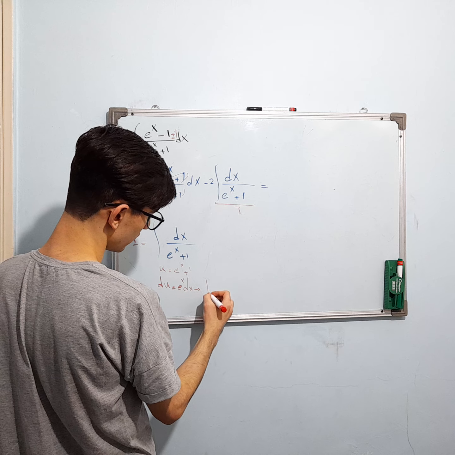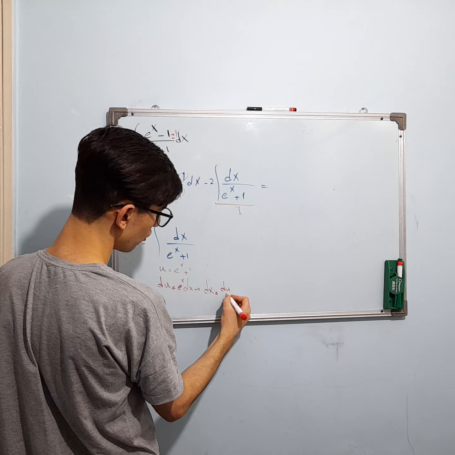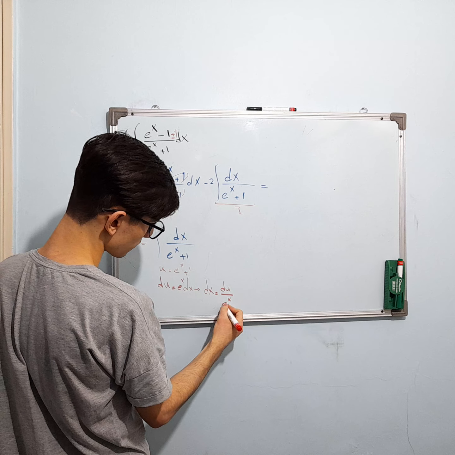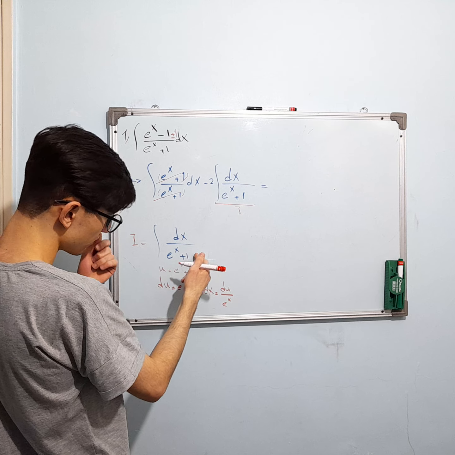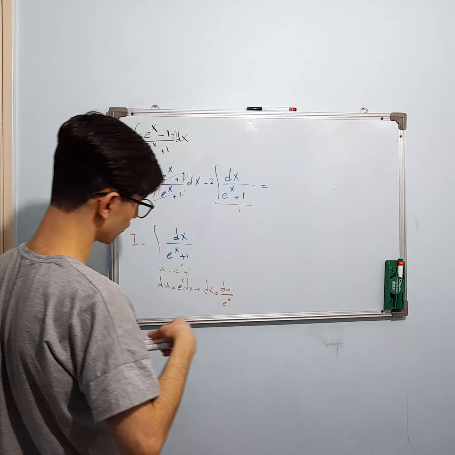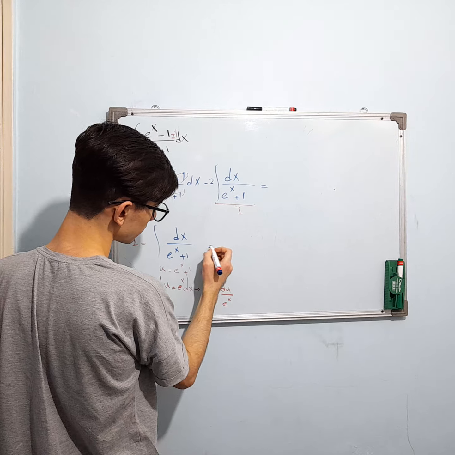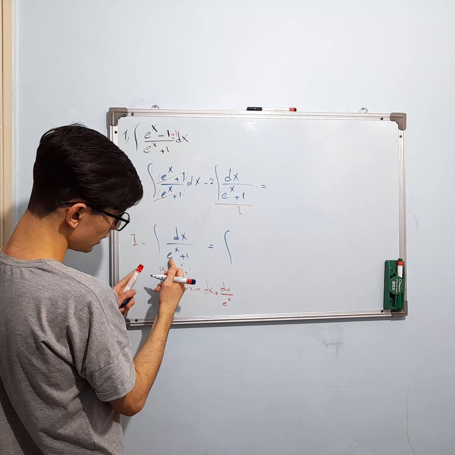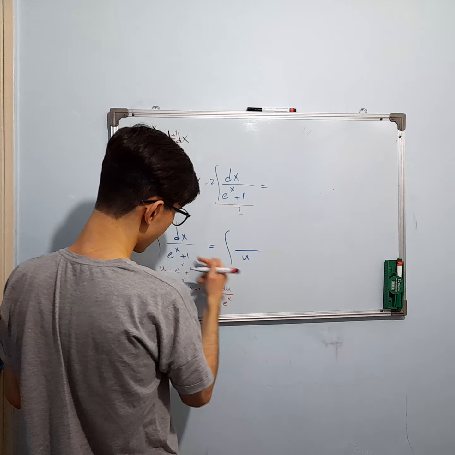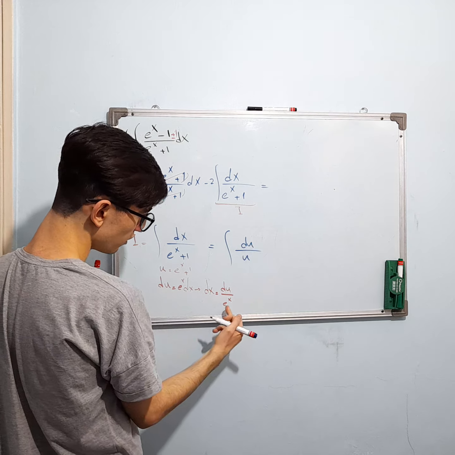And now dx is du over e to the x. And I must transfer this integral from the x world to the u world. How? We know that e to the x plus 1 is u, and dx is du over e to the x.